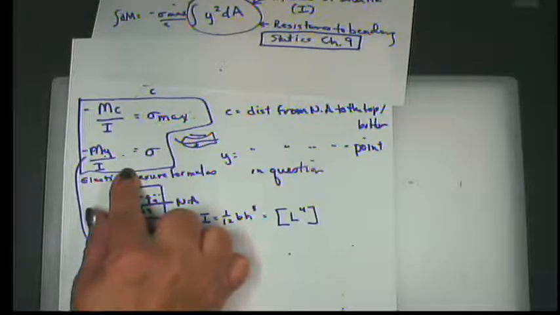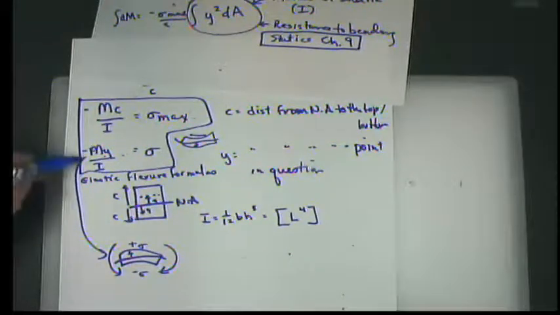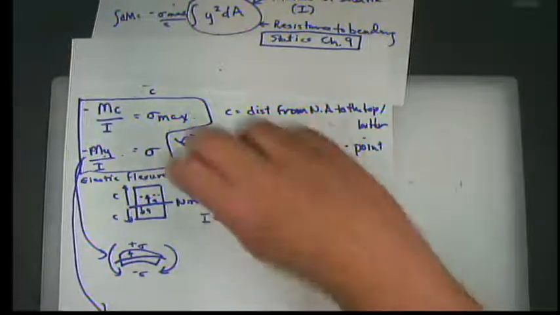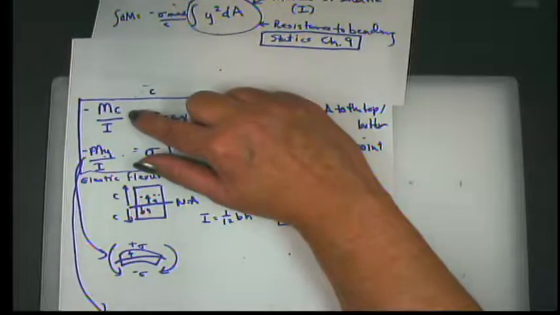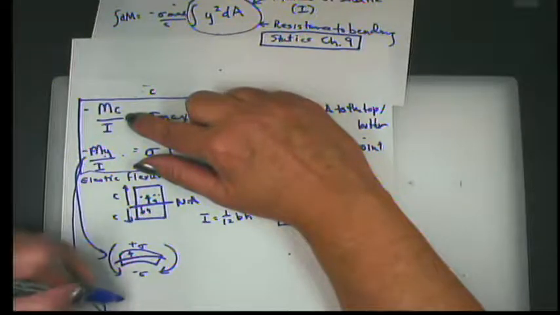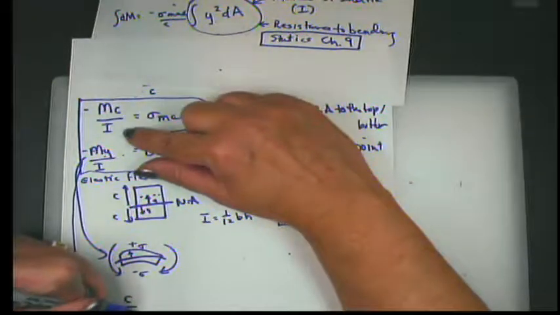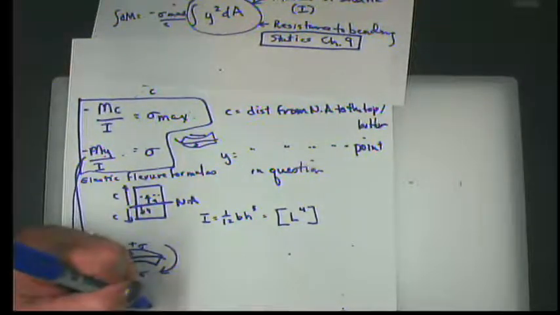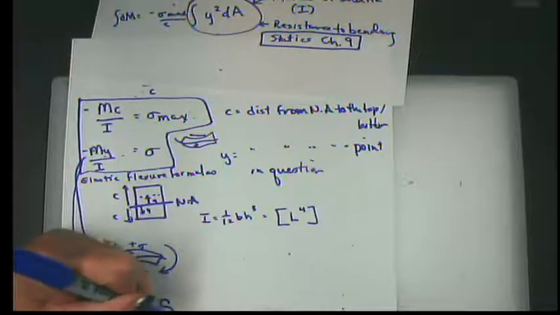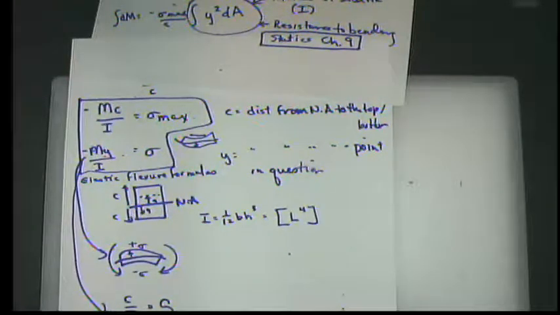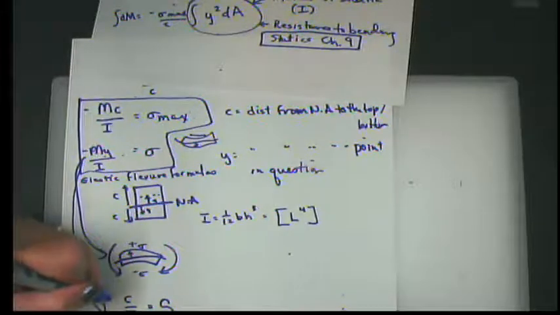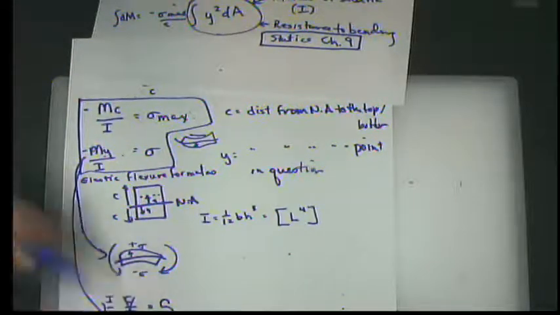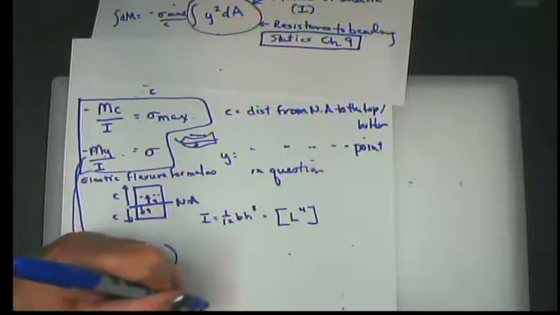All right. Now, the other thing is they have a slight abbreviation, and sometimes this value is tabulated. The value of C over I is going to be the same. In other words, every particular cross-section has a given C, and a particular shape will have a given I. So those two together are just referred to as S. It's actually the opposite. It's I over C is equal to S, which is called the section modulus.